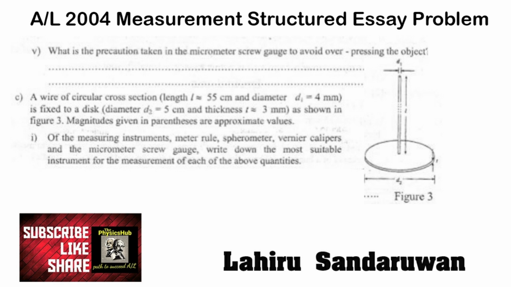Magnitudes given in parentheses are approximate values. Part 1. Of the measuring instruments, meter ruler, spirometer, vernier caliper and micrometer screw gauge, write down the most suitable instrument for the measurement of each of the above quantities.